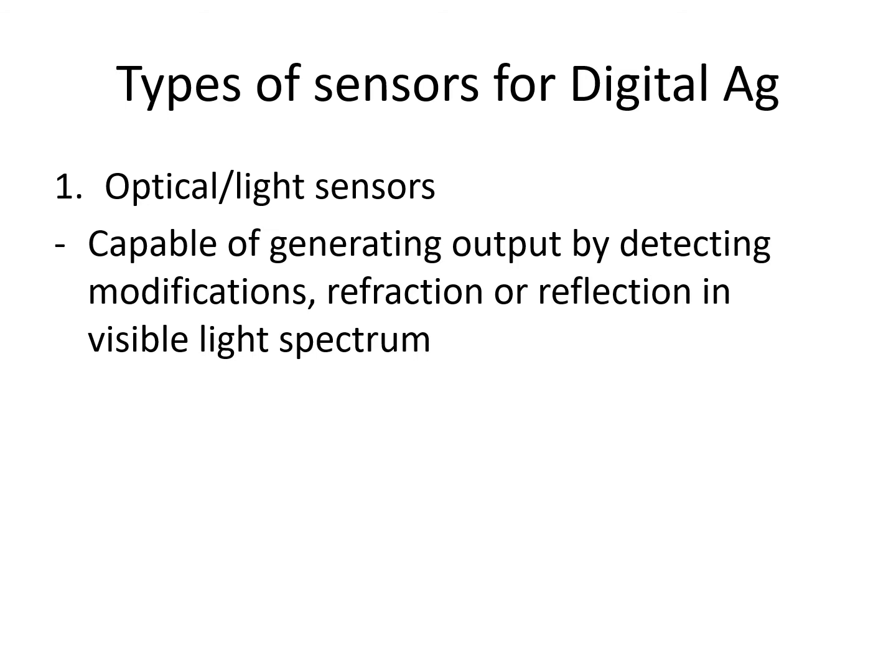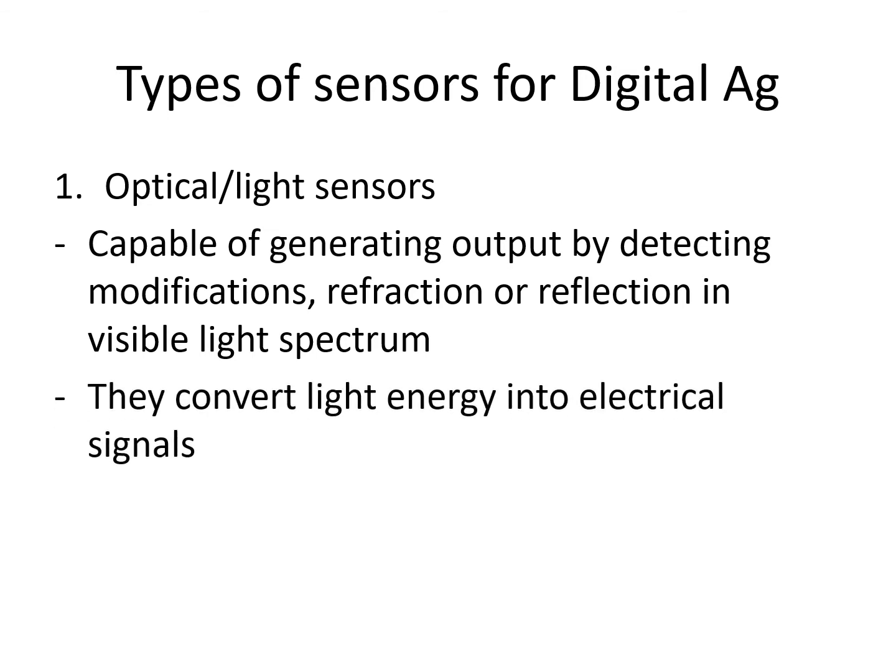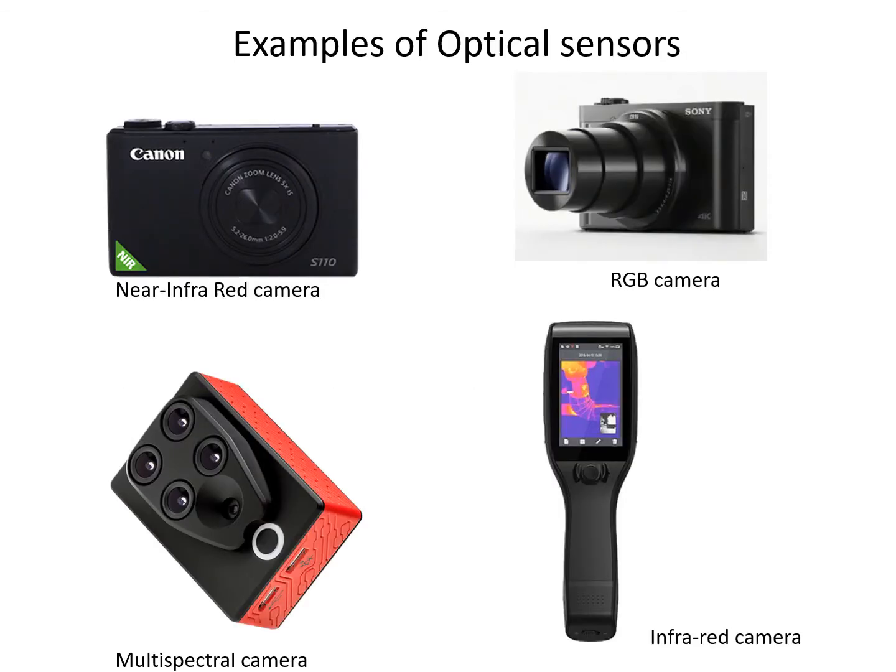So here I've listed a number of types of sensors that currently are being used in precision or digital agriculture. And these have been placed under several categories. One of the categories is the optical or light sensors. These kinds of sensors are capable of generating output by detecting modifications, refraction or reflection in the visible light spectra. So simply, they just convert light energy into electrical signals.